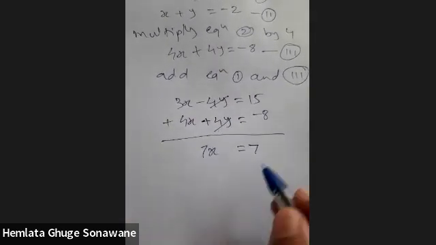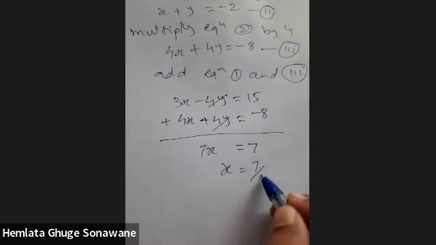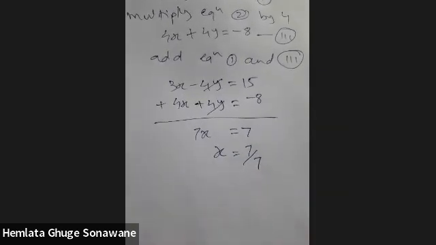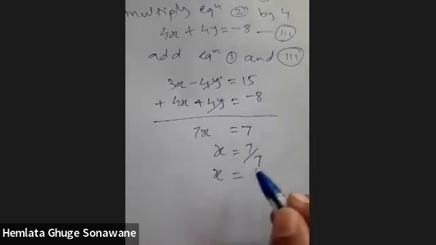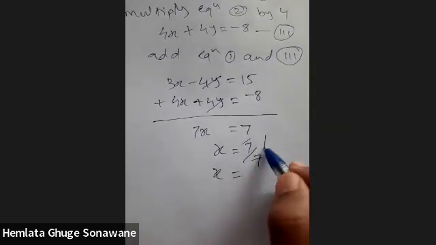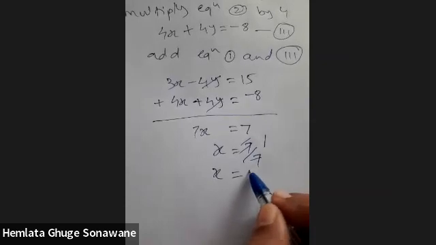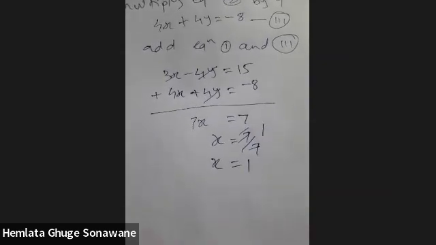Now this 7 divides towards the right hand side. So x is equal to 7 upon 7. We simplify this, 7 ones are 7. So x is equal to 1 we have got.